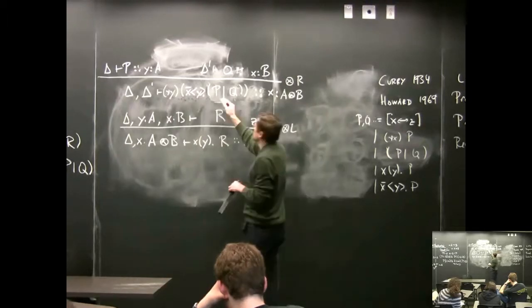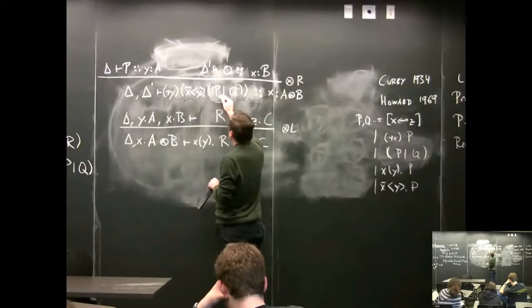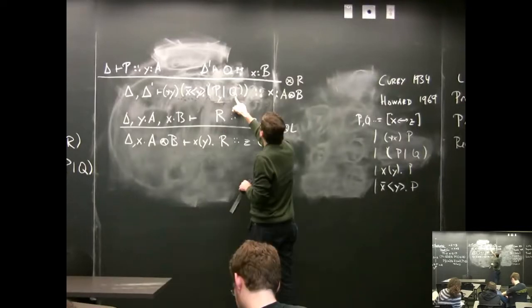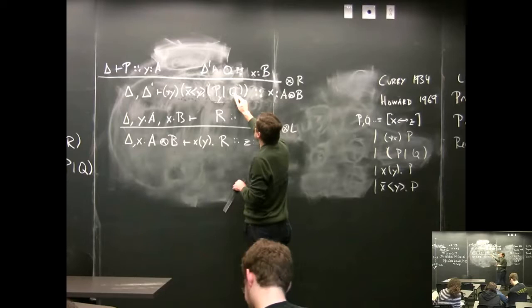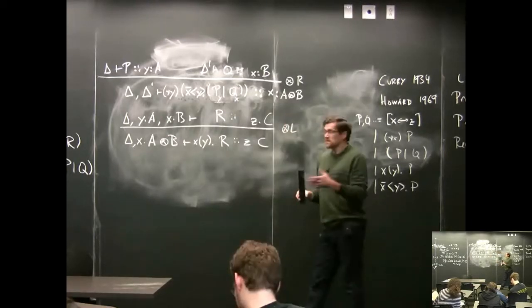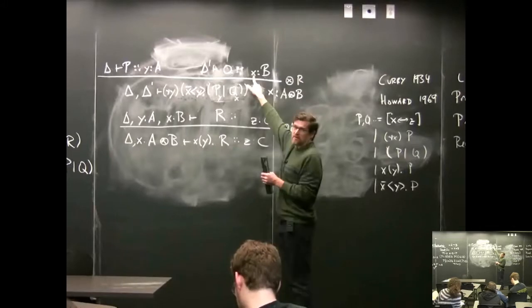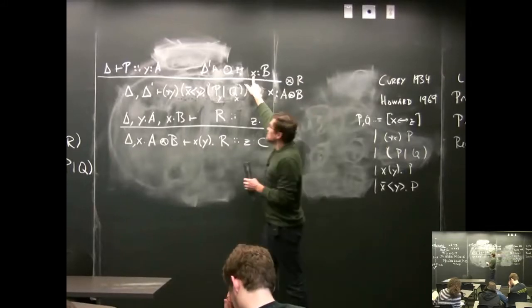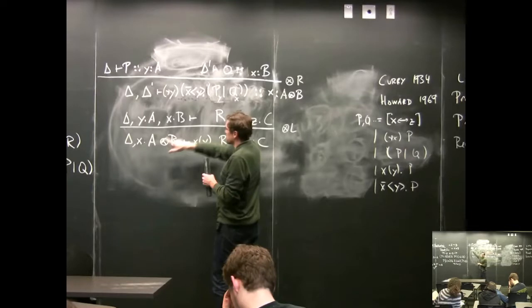Okay. So let's see what depends on what. So the P depends only on Y, and the Q depends on X, right? Because you can always see from a judgment what a process can depend on because it depends on the channel along which it offers a service, and on the left-hand side, the channels that appear in delta and delta prime.